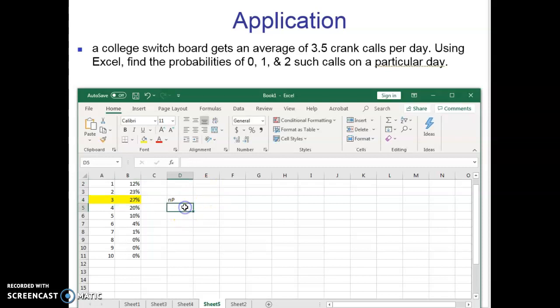But what is N in our example? It's 10, right? And we multiply that by P. What is the probability? Well, it's 30%. So what is 10 times 30%? It's 3. So you can get the mean by using the formula NP, or you can just look at the most frequently occurring, which is 3, because that has a 27% probability.